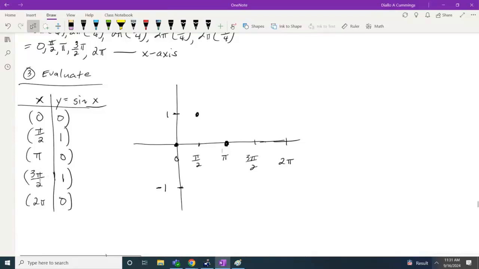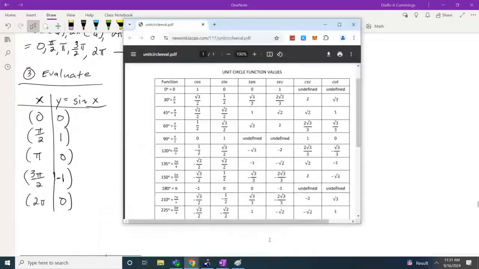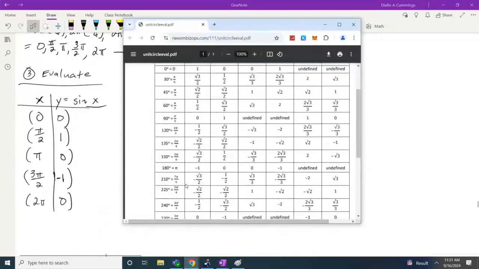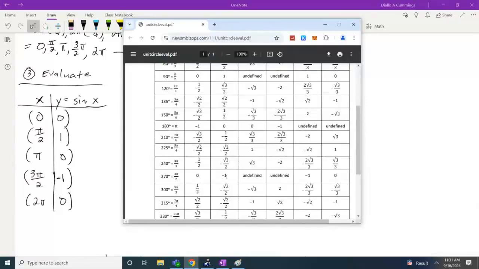My next ordered pair point is 3 pi over 2, 1. And I'm sorry, that should be negative 1. Just double check that. So the sine of 3 pi over 2, right, that should be negative 1. All right.